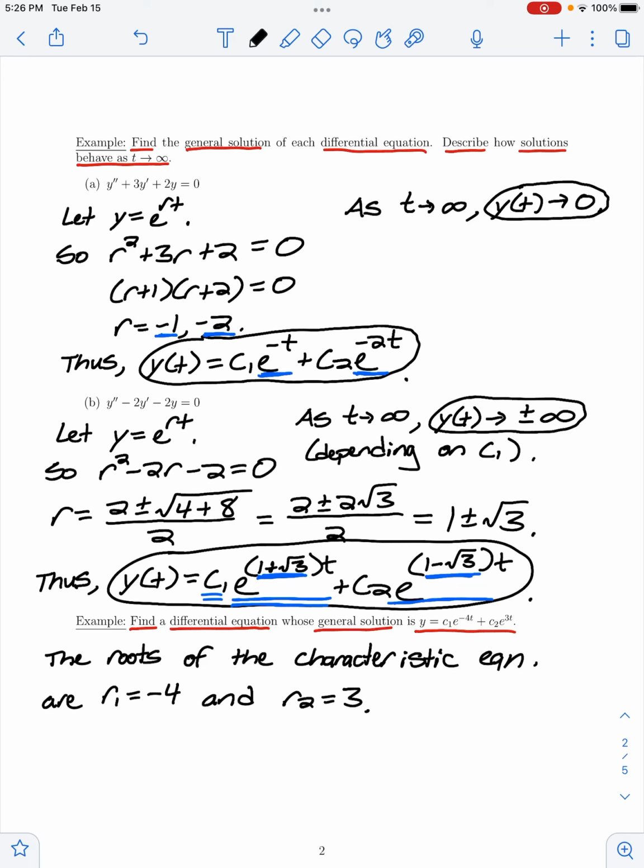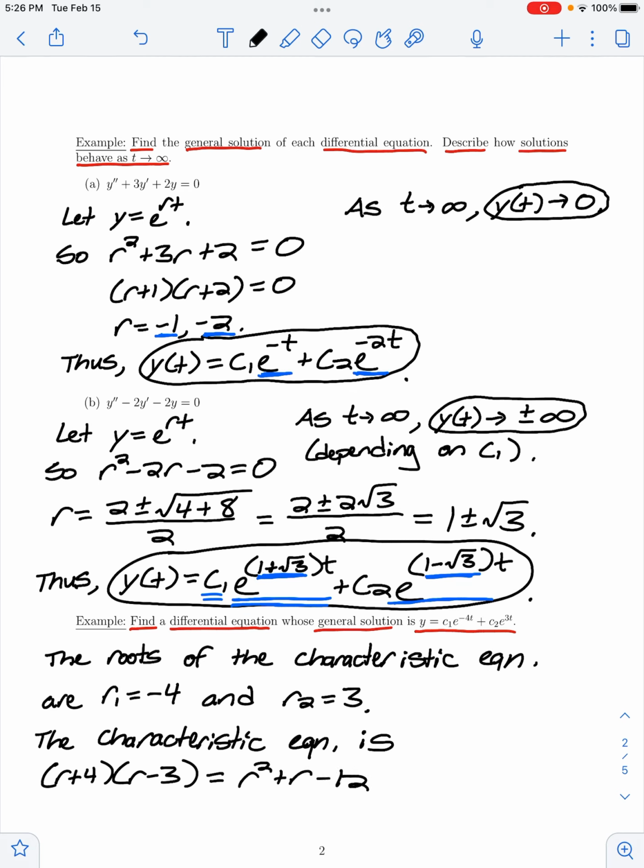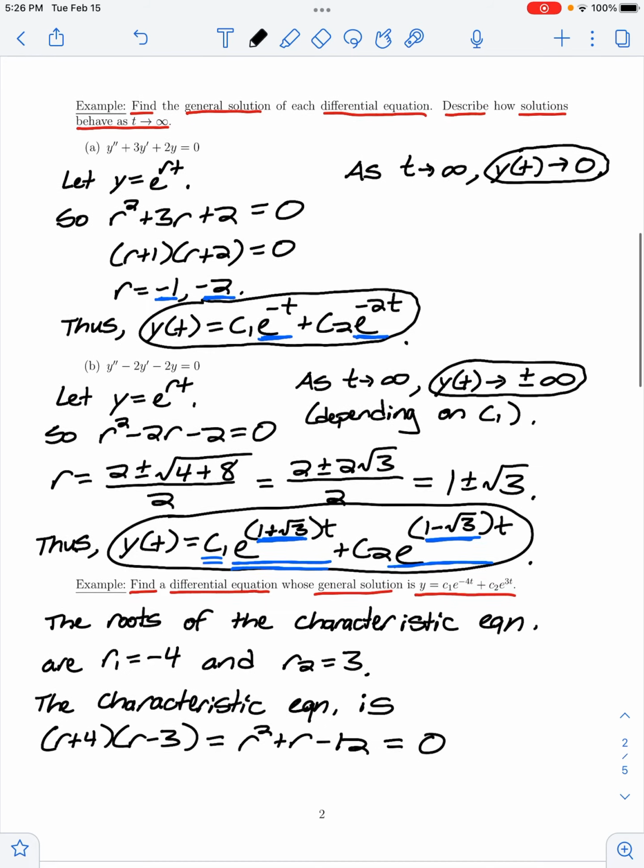So if we know the roots of the characteristic equation, we know what the characteristic equation is. Let me say the characteristic equation is given by r plus 4 times r minus 3, or if we expand, r squared plus r minus 12 is equal to 0.